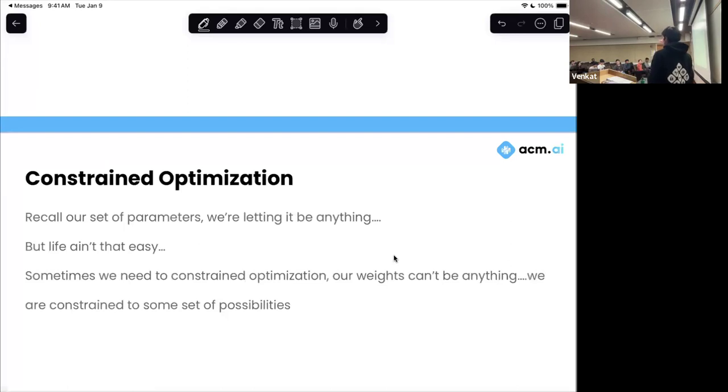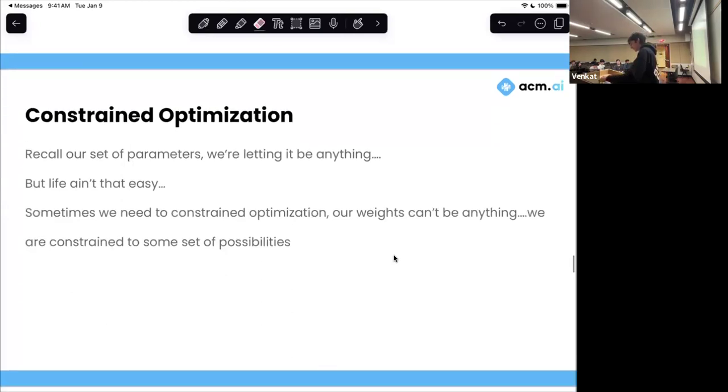For example, if you're dealing with dollars, you don't want a 64-bit floating point number. It just doesn't mean anything to you. So we're going to have to deal with constraint optimization. We have constraints on our possible values, right? That's the happiness example, the relationship to constraint optimization.